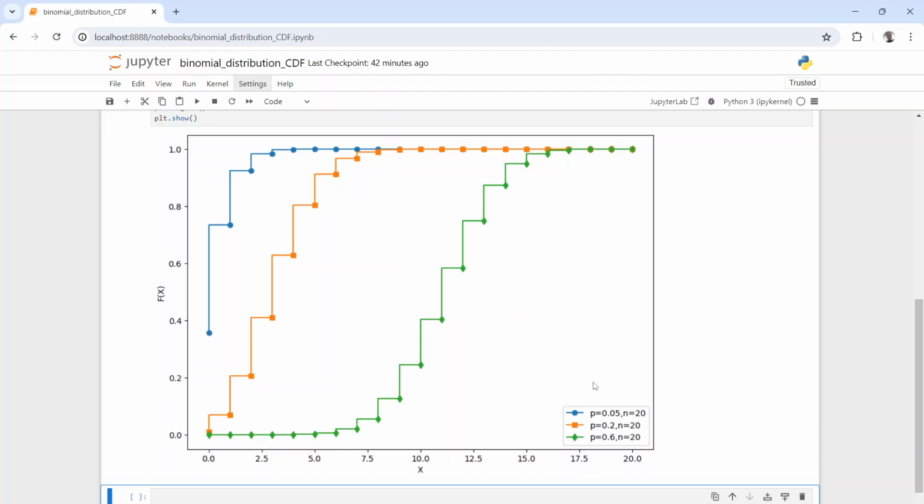This reflects the higher likelihood of achieving a large number of successes, causing the cumulative probability to spread out more gradually over a large range of x. So that's why we see that after a very long accumulation of x values, it reaches the value of 1 for F(x).